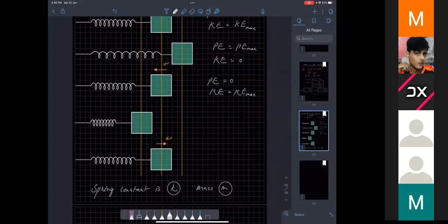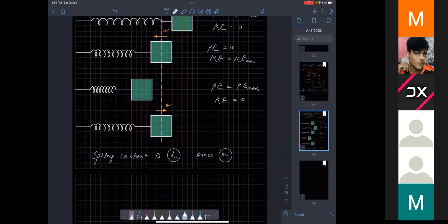So we need not worry. Here, potential energy is max and kinetic energy is 0. And in the last case, potential energy is 0, kinetic energy is max.